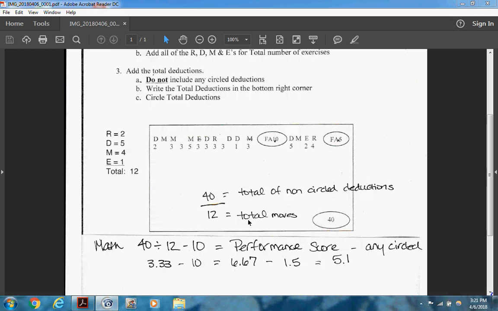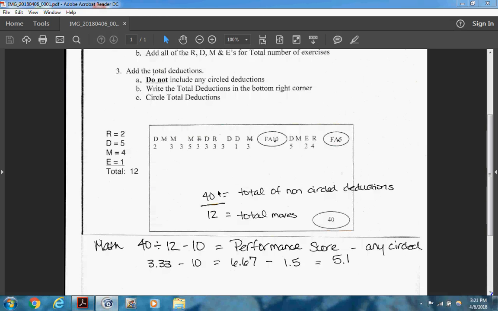So it's always easiest to get the bottom, the smaller number first. That is simply the total moves that were held. So in this case, we have 1, 2, 3, 4. We're going to skip this one because it wasn't held. 5, 6, 7, 8, 9, 10, 11, 12, which gets us our bottom number, total moves.